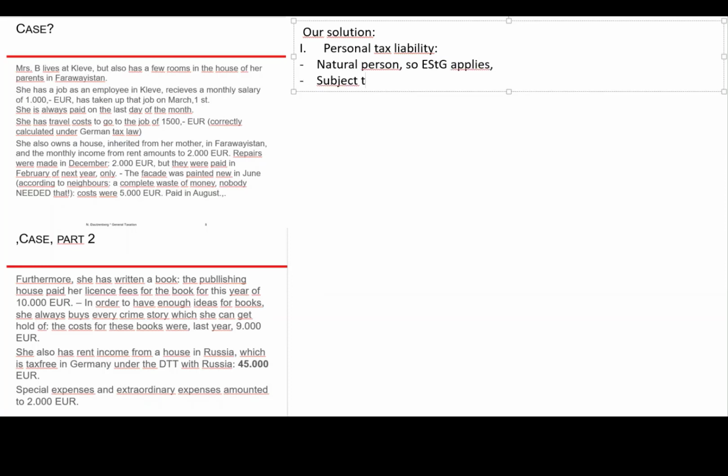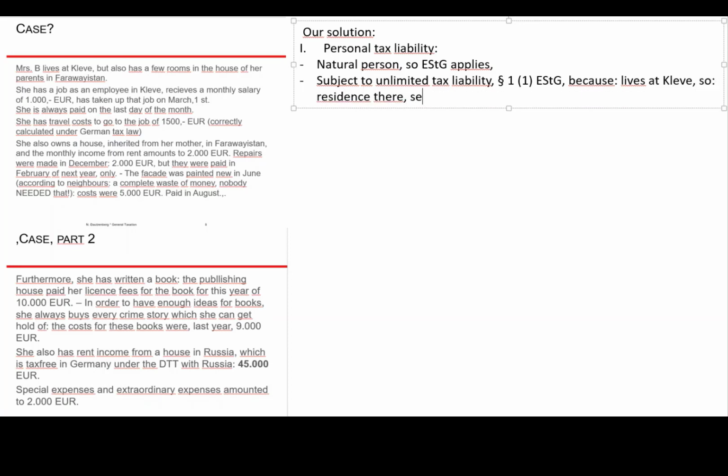She was subjected to unlimited tax liability under section 1 ESTG, because she lives at Kleve, so she's resident there. So the residence there, see section 8 AO.